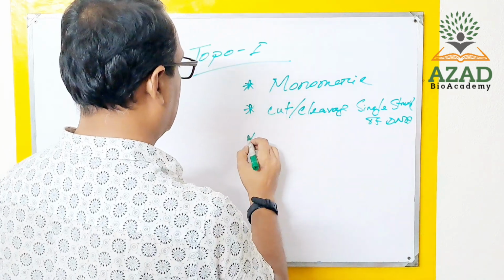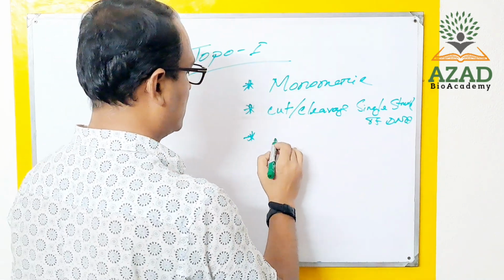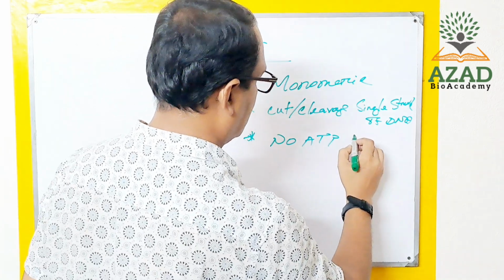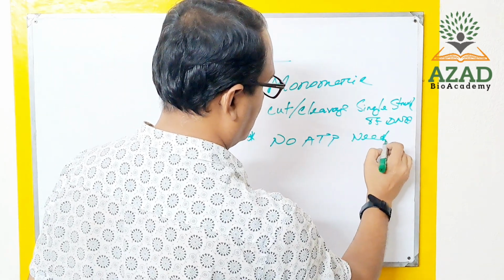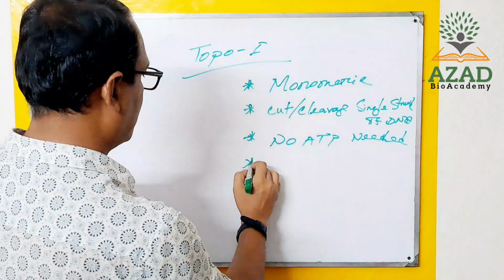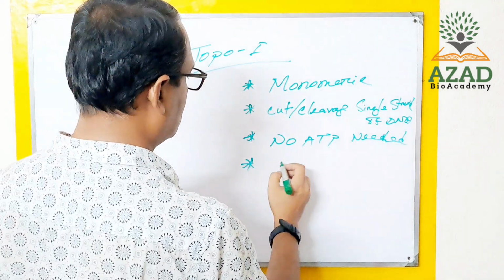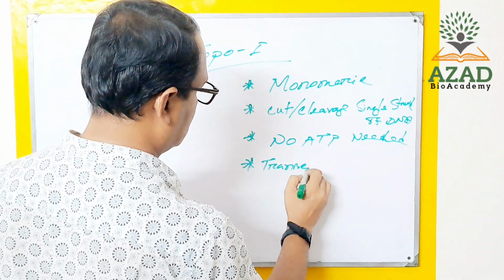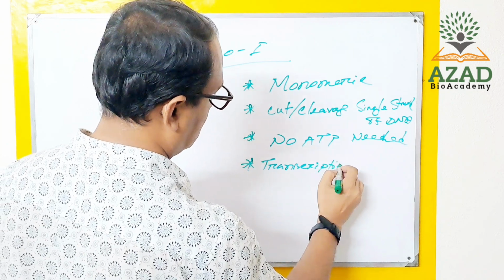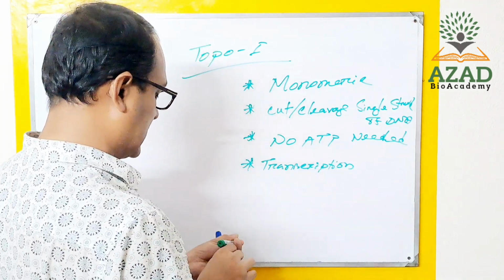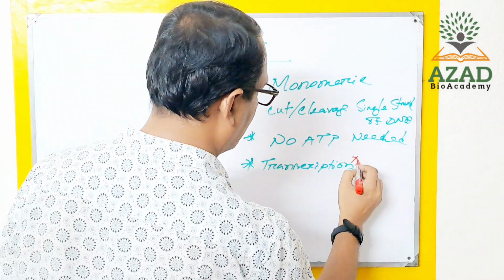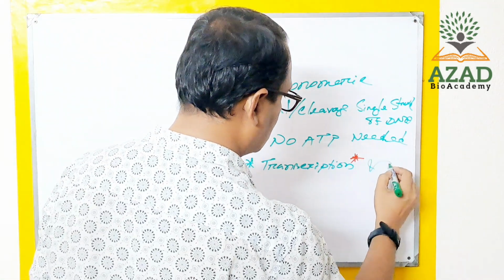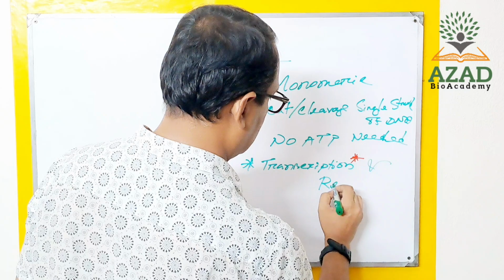Okay, and it does not need any energy, no ATP needed. Mainly it works during the transcription process. That is the star mark. That is the main working area during transcription, and also the replication stage.